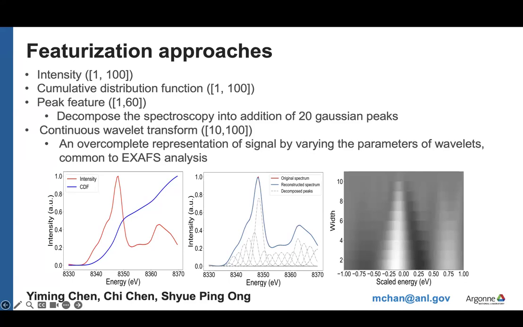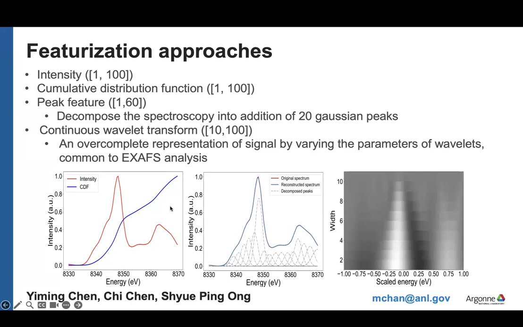Yeah, so different ways to featureize the spectrum, including one which was suggested to me by a collaborator called Mike Davis. It's called the cumulative distribution function, or just the integral of the spectrum. And I thought that was the craziest thing I've heard, because why would it make any difference?